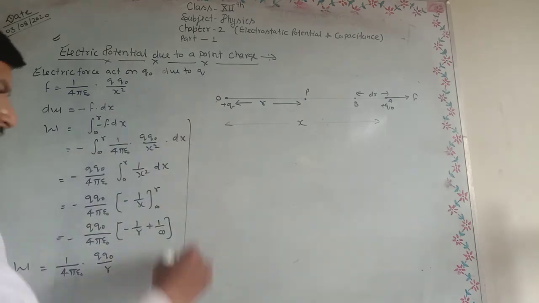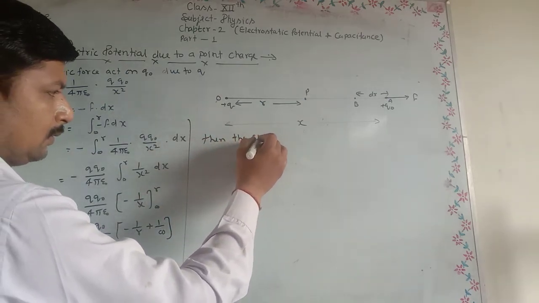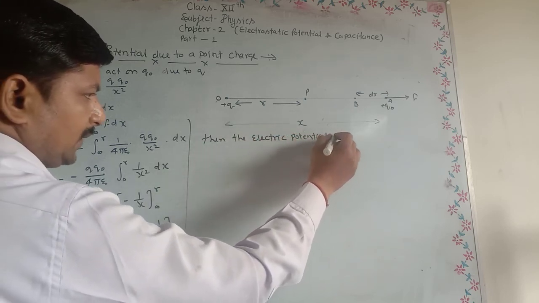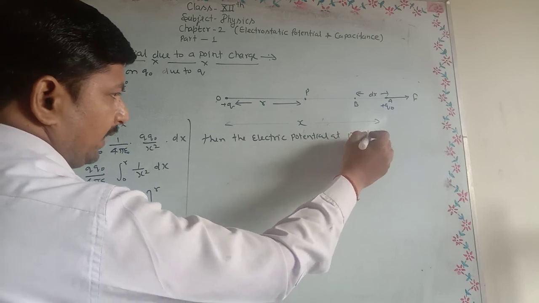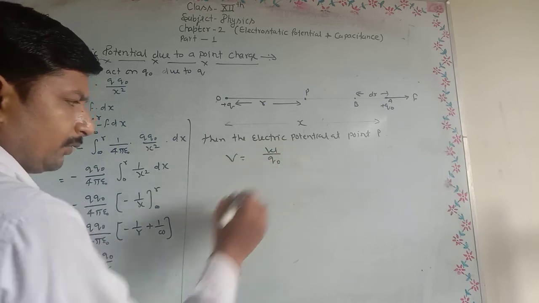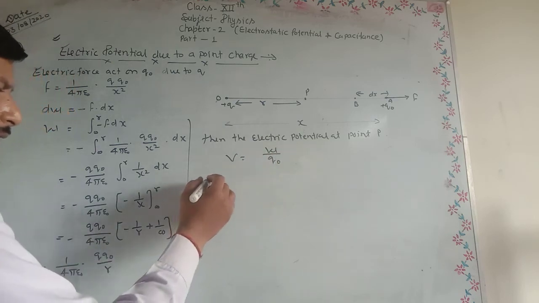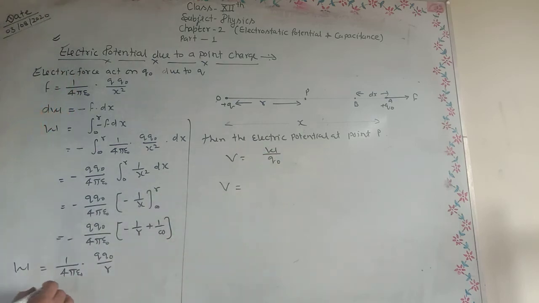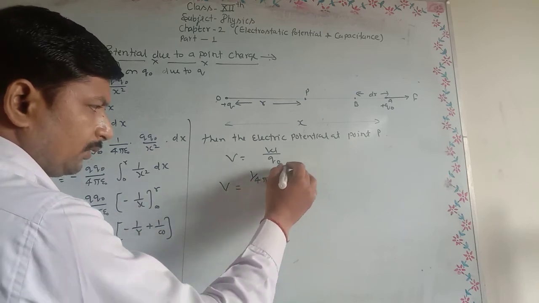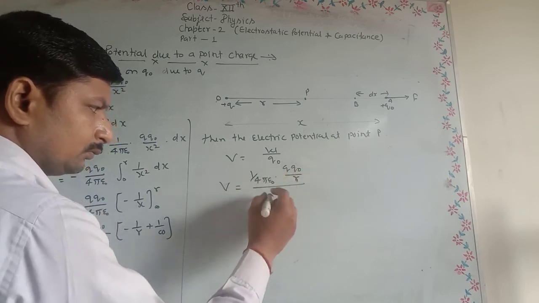Then the electric potential at point P, V, is equal to W upon Q0, we know by the definition. Then the value of work done is 1 upon 4 pi epsilon naught into Q Q0 upon R, divided by Q0.